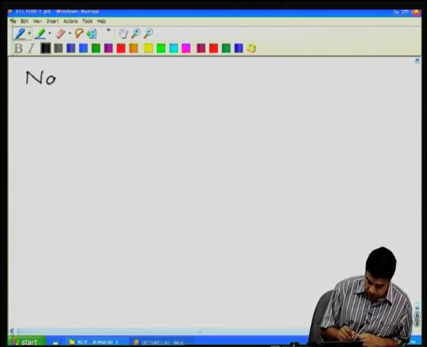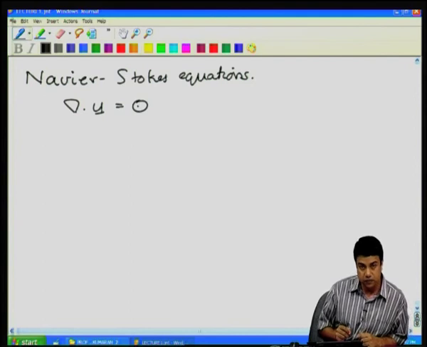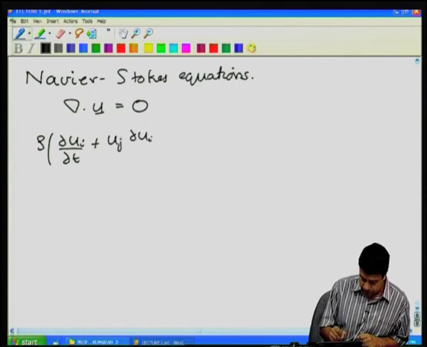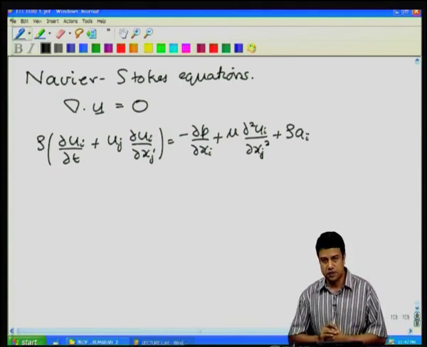Let us write down our Navier-Stokes equations again. Divergence of velocity is equal to 0. Rho times partial ui by partial t plus the convective terms, equals minus the pressure gradient plus mu times partial square ui by partial xj square plus rho times acceleration.